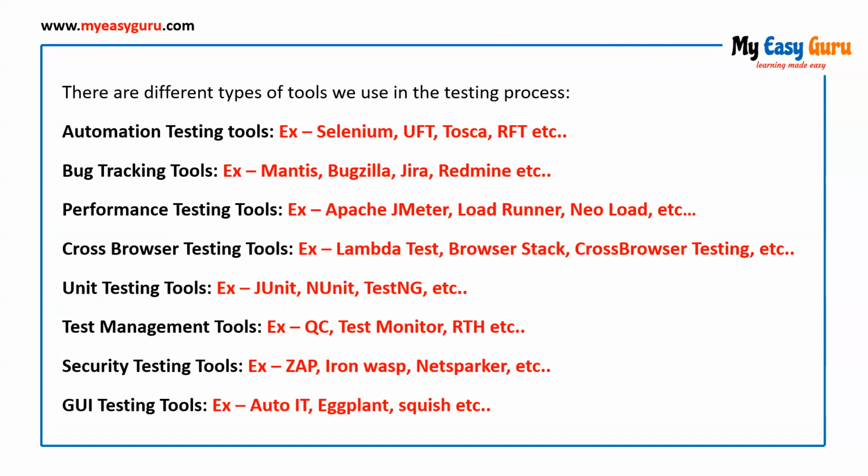So first understand, for automation testing, we use Selenium, UFT, Tosca, RFT, etc. For bug tracking tools, we use Mantis, Bugzilla, Jira, Redmine, etc. For performance testing, we use Apache JMeter, LoadRunner, NeoLoad, etc. For cross-browser testing, we use different tools.